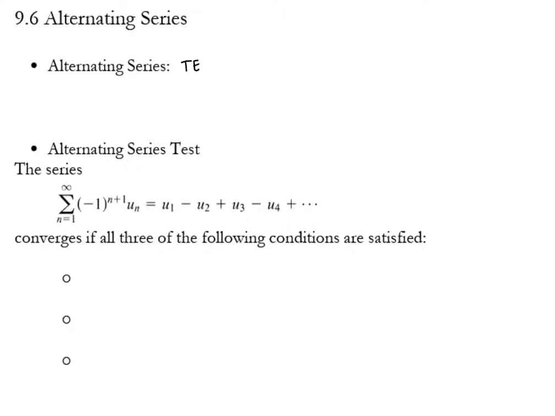An alternating series is exactly that, a series where the terms alternate in sign. They alternate between positive and negative.